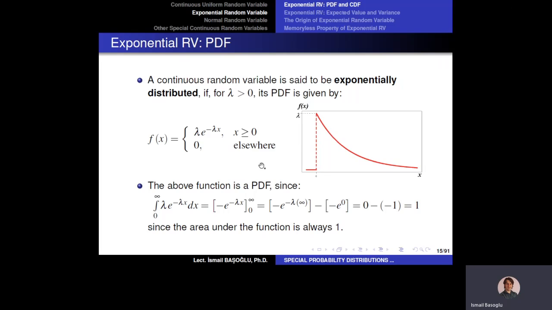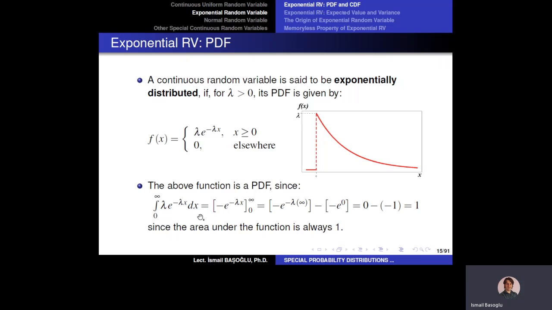Okay, so this is a PDF because the area under this curve is always 1. So independent of your choice of lambda, as long as you choose a positive lambda, the area under the curve will always be equal to 1. So let's check it.